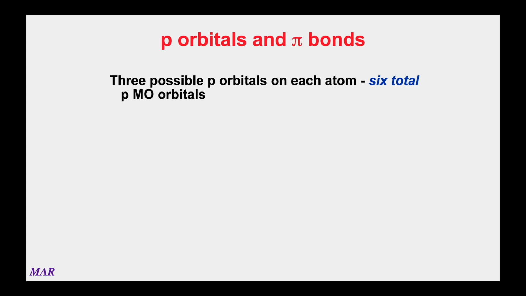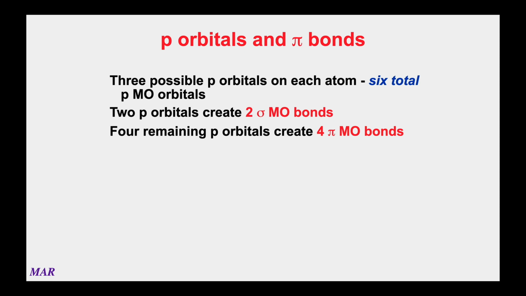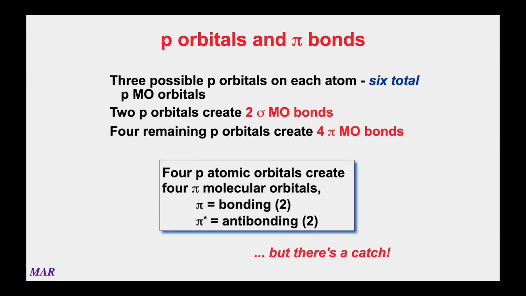So we're going to see some cool kind of pictures here. The 2p orbitals, first of all, will create 2 sigma molecular orbitals, and the other p orbitals will create pi molecular bonds. So we're going to have sigma bonds and pi bonds when it comes to the 2p interaction. It's kind of cool. And of the 4 pi bonds, 2 of them will be bonding, 2 of them will be anti-bonding. We'll call them pi and pi star. Just like the 2 sigmas, one would be a sigma bonding and one would be an anti-bonding sigma.